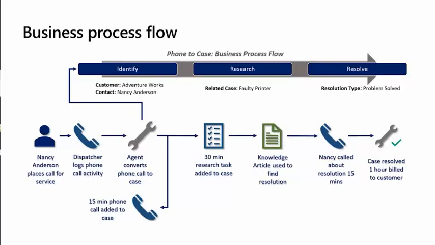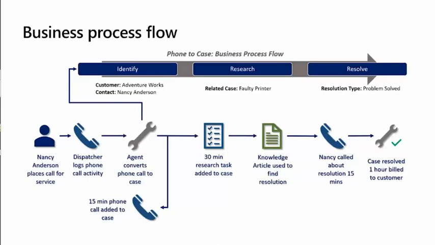Now, we don't know what type of entitlements Nancy had or what her service level agreement has, but as you can see, we have the 15 minutes charged from the agent and the dispatcher's phone call, 30 minutes to research, and 15 minutes to talk about the resolution with Nancy. So ultimately, that is all going to be billed to the account for 1 hour of service.